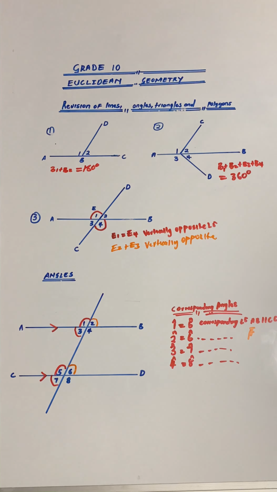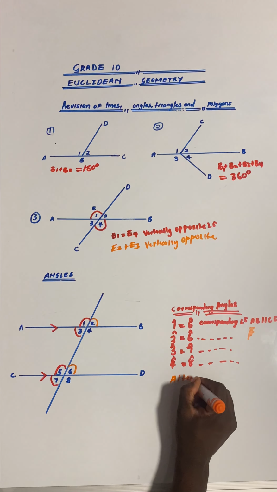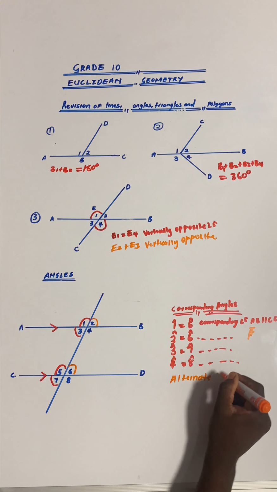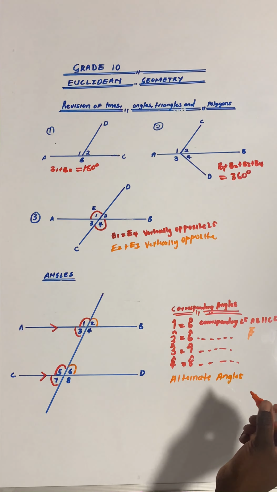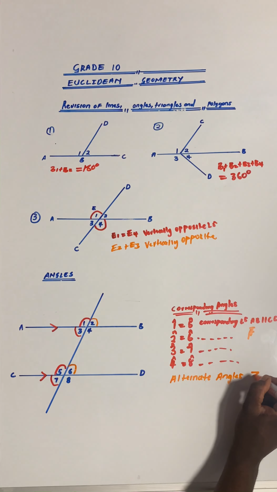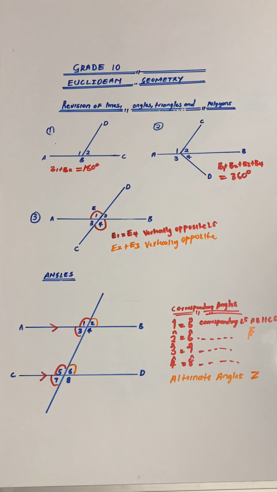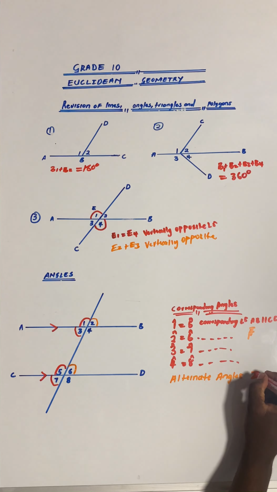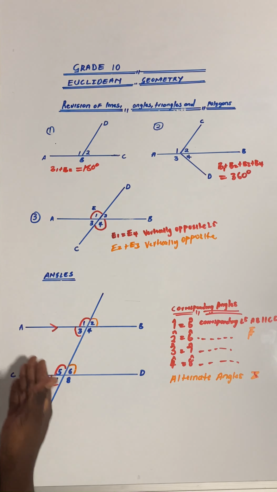What is the second type of angles that we can find when lines are parallel? We have alternate angles. A lot of people love these ones. These ones form a Z shape. So we can have one there and another one there. I know that is not visible enough, but you'll be able to see it on this diagram.